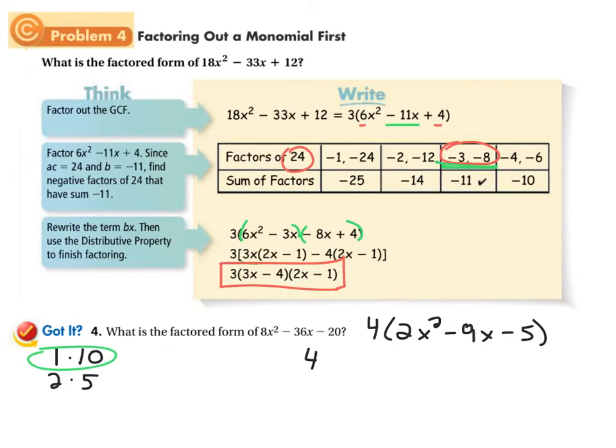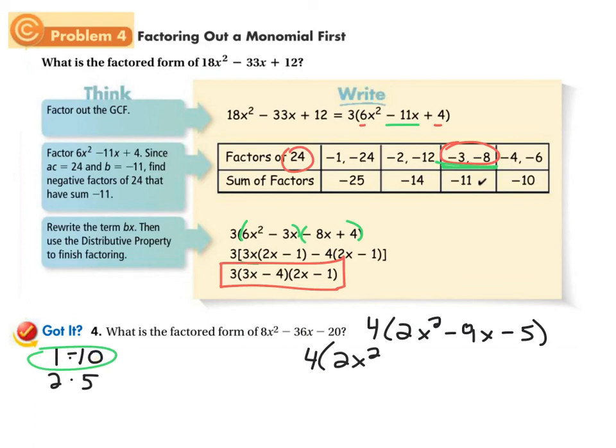Okay, so we then get negative 10 and 1. Okay, so that means we're going to rewrite this as 2x squared, and we're going to use these two as the coefficients, 1 and negative 10x.